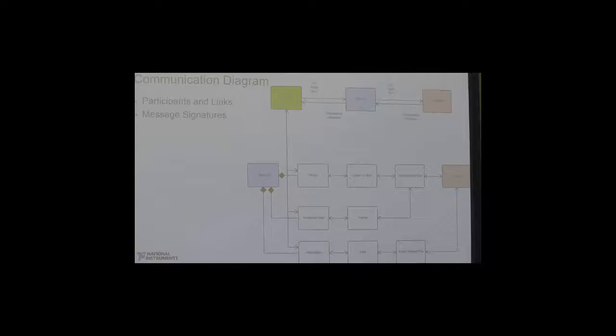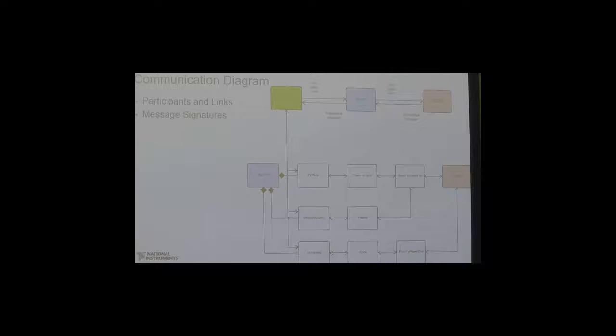So the solid diamonds are has-a. So a bicycle has a pedal. I could have drawn those solid diamonds for all of the has-a parts, because pretty much all those white boxes are contained in a bicycle. They're all has-a relationships.